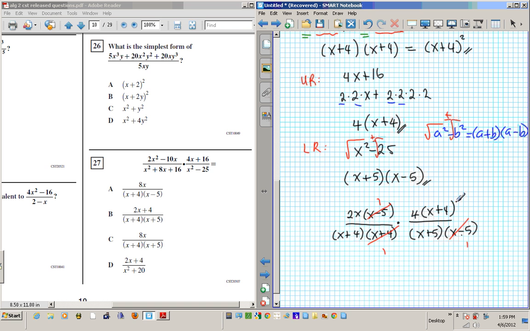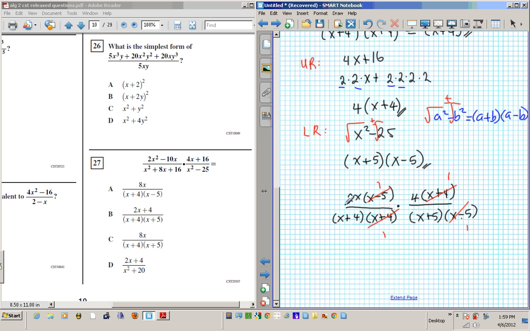X plus 4 goes here once, x plus 4 goes here once. Now when you multiply what you have left, in the numerator is simply 2x times 4, which is 8x. It's now divided by the denominator, which is x plus 4 times x plus 5. Final answer is C. Okay?